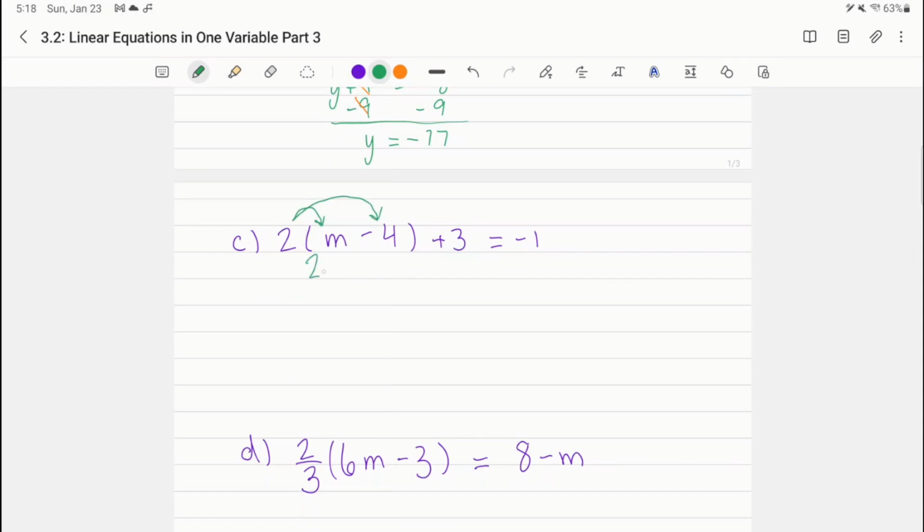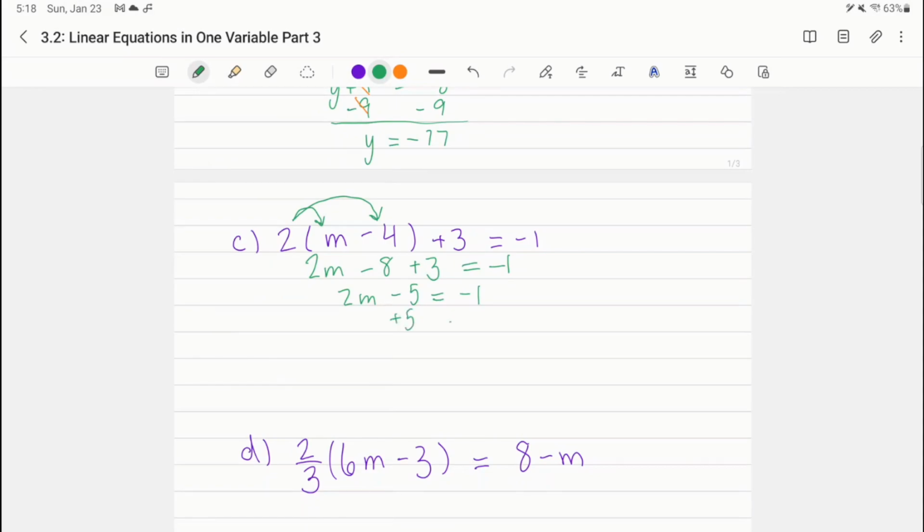So 2m minus 8. The 3 is outside the parentheses, so I do not distribute. So plus 3 equals negative 1. Combine like terms, and we get 2m minus 5 equals negative 1.